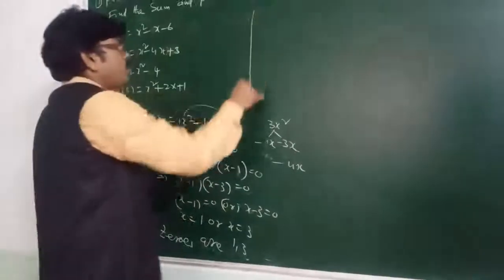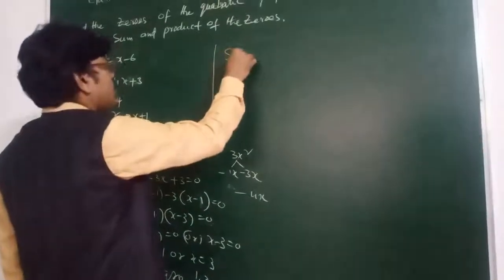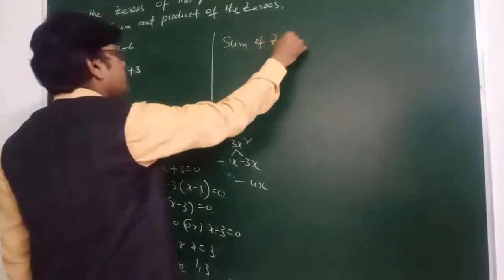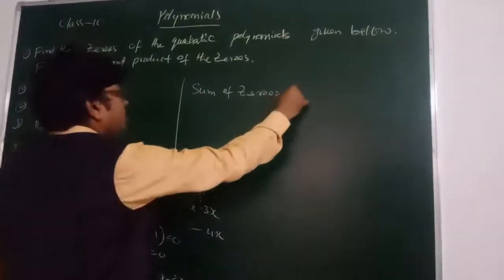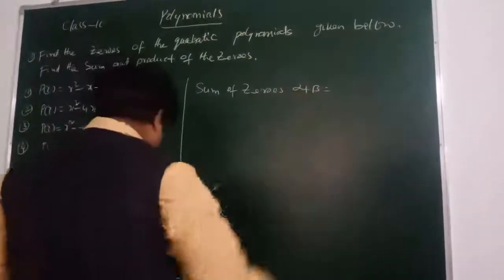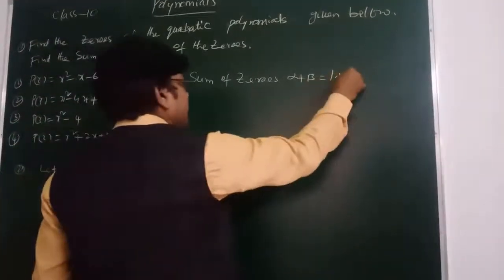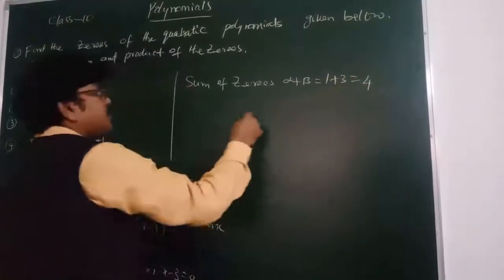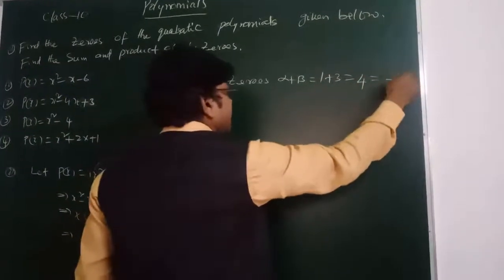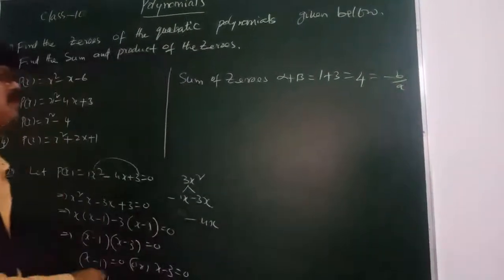So now, sum of zeros alpha plus beta equals, what are the zeros? 1, 3. 1 plus 3 is 4. This equals minus b by a.